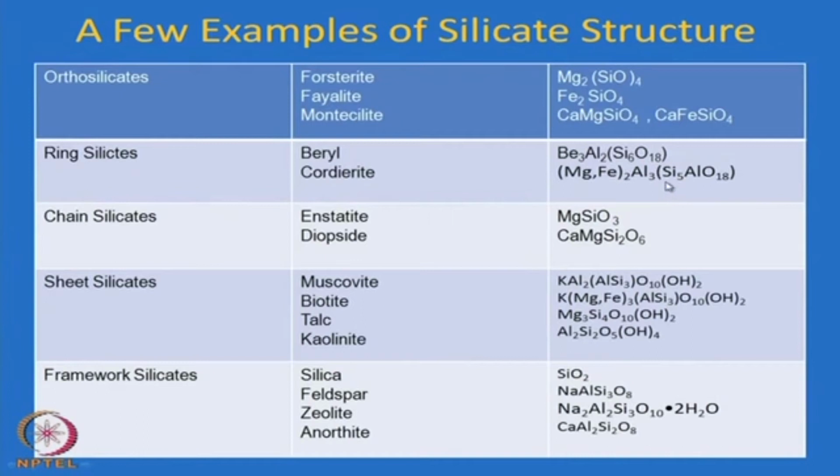One silicon has been replaced by aluminium, and in fact, aluminium is one of the cations, although most of the time it has octahedral coordination that we have seen earlier. Even in corundum, aluminium has 6-fold coordination, but in many silicates, in association with the silicon and oxygen network, part of the aluminium actually goes to the tetrahedral site as well, replacing silicon.